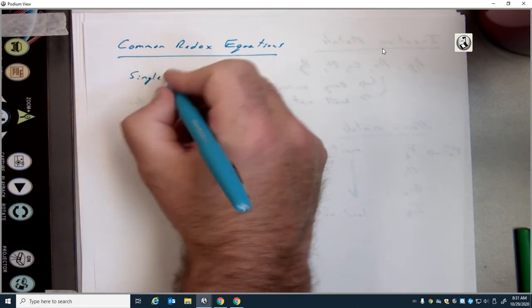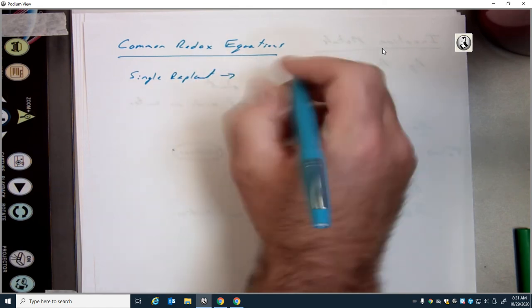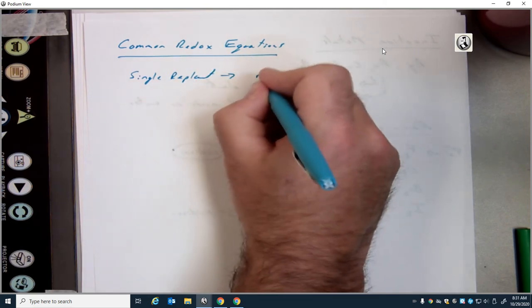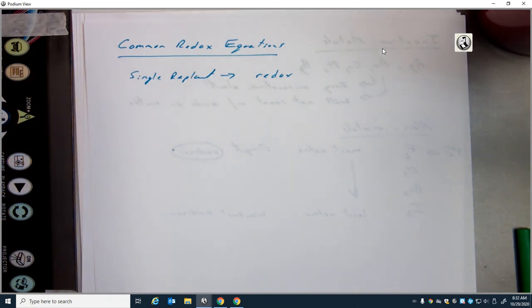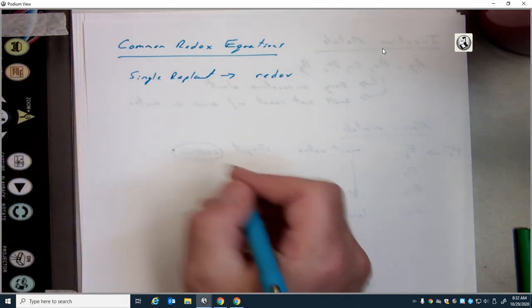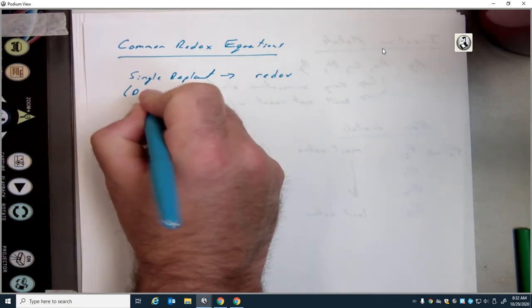Single replacement is almost always redox. Sometimes you'll see this as a displacement reaction. I've never used that term.